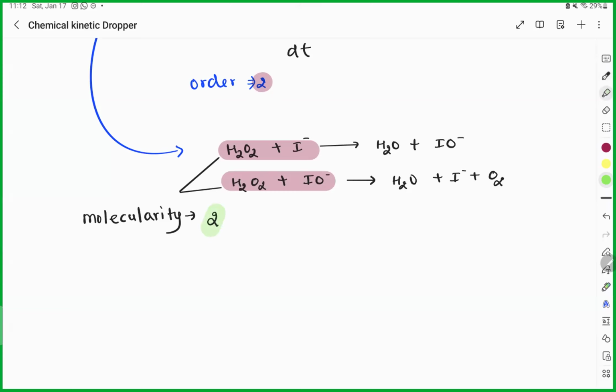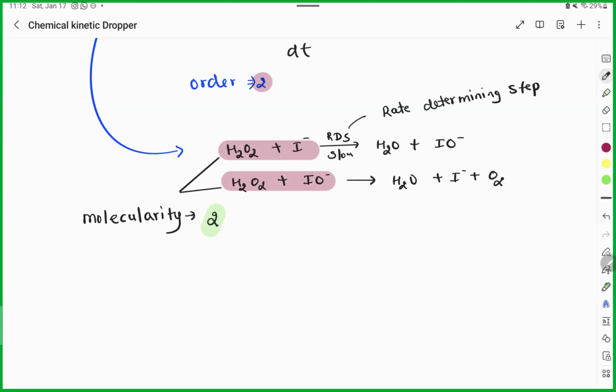Yes, for one reaction. And it will be given in the equation that this is the RDS. Chandana, what is RDS? Rate determining step.